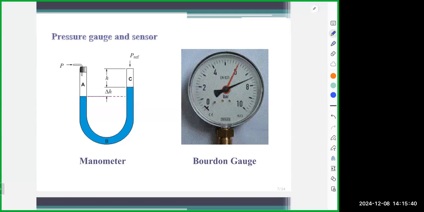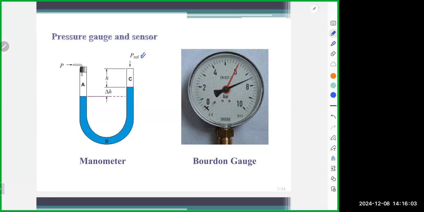For example, on the left-hand side is a manometer. The manometer contains a pressure that you already know. We call it reference pressure. It's calibrated, so we know exactly the value of the reference pressure.